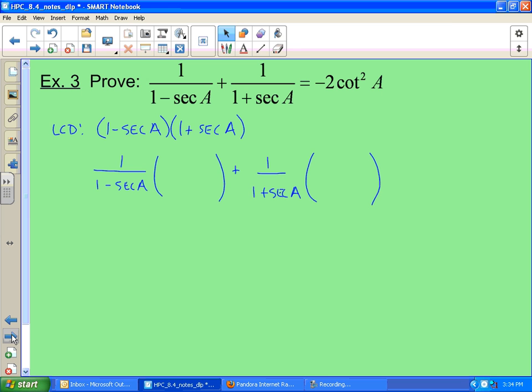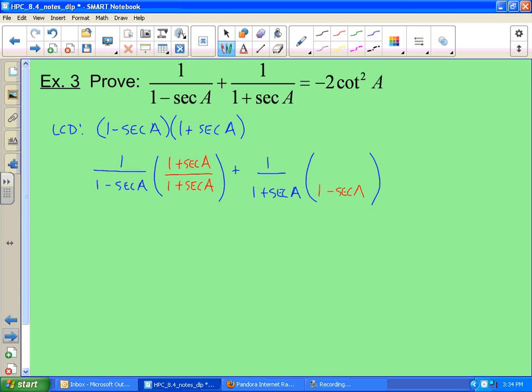What do I mean by that? Well, for the 1 minus secant a, it is missing 1 plus secant a to become a common denominator. So we're going to multiply the left side by 1 plus over 1 plus. On the right-hand side, we have a 1 minus secant a that's missing from the common denominator. And so we multiply by 1 minus over 1 minus.